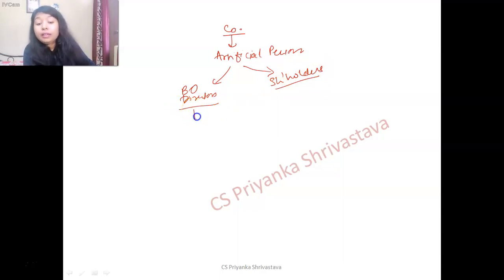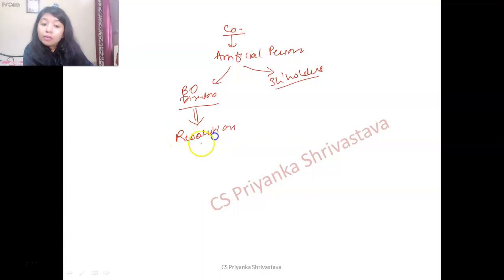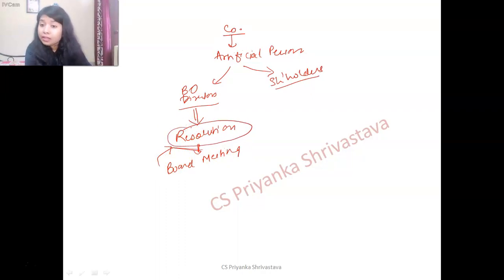Any decision taken by the board of directors shall be done by passing a resolution at a board meeting, where all the directors meet and pass a resolution, and on the basis of these resolutions the company takes any decision.